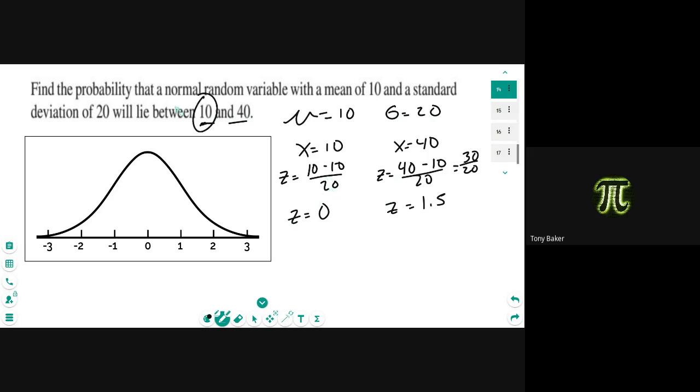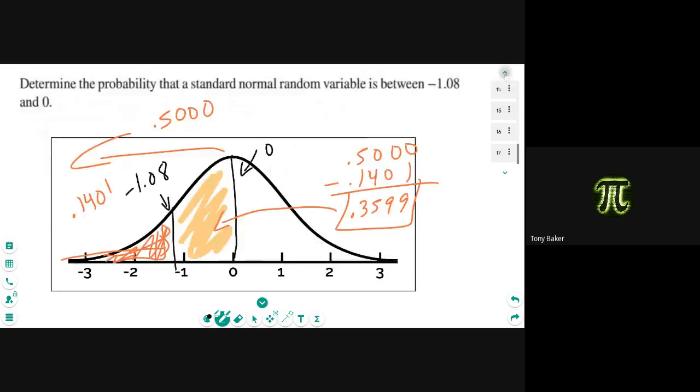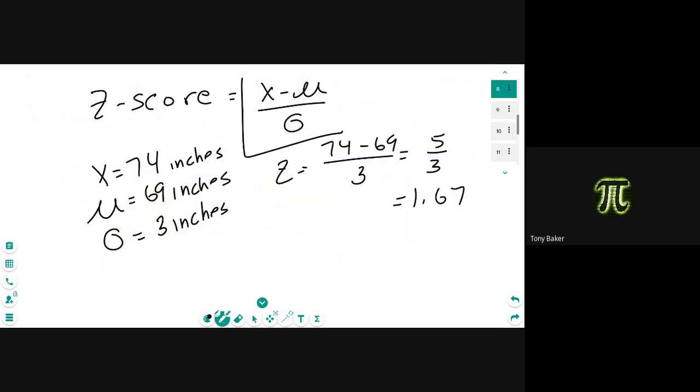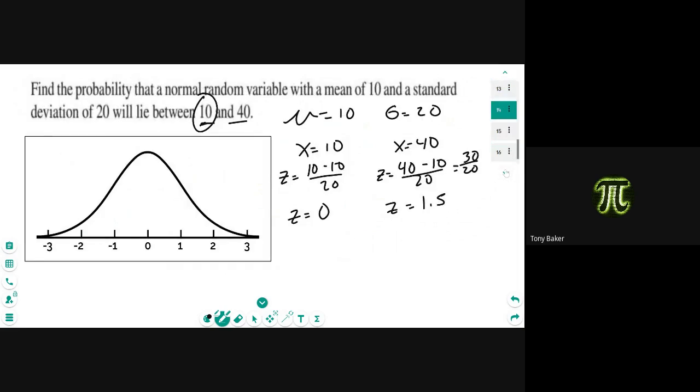The value you're looking for is 10. Okay, yeah. So it's 10 minus your mean. The formula was x minus the mean divided by the standard deviation. Remember this right here? So if x is 10, it's 10 minus 10 divided by 20, which is 0.